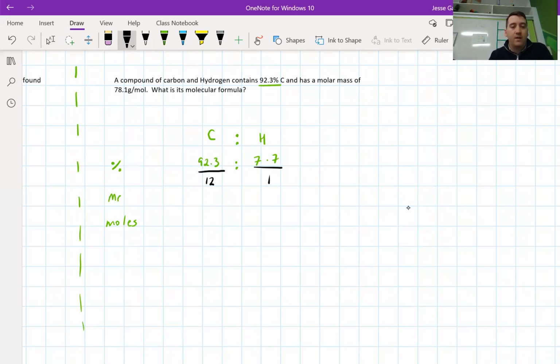So our mole then is when we do 92.3 divided by 12, we get 7.69 to 7.7. Okay, so that's what we're going to get there.